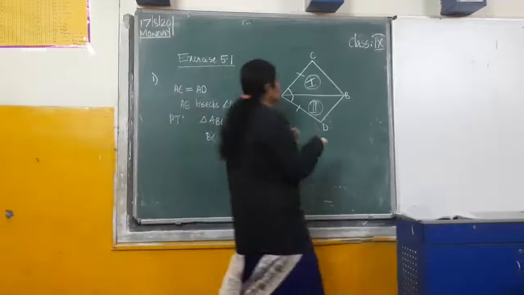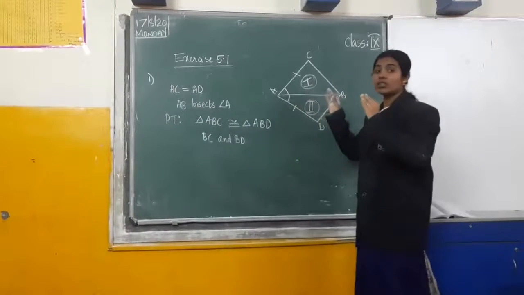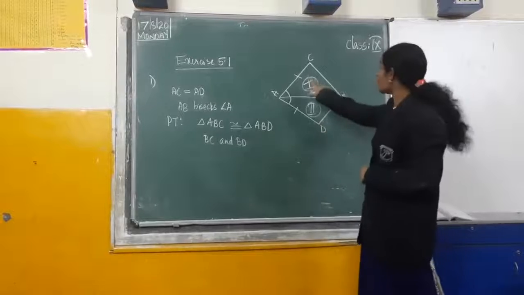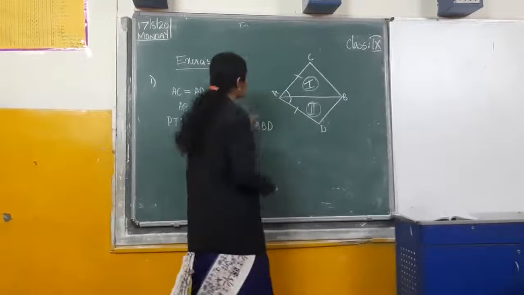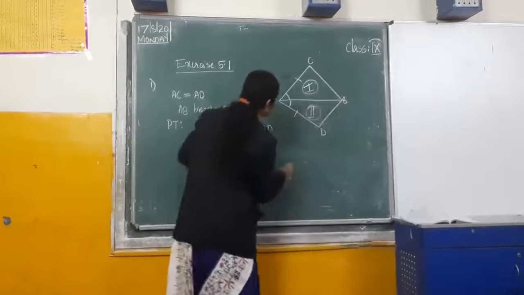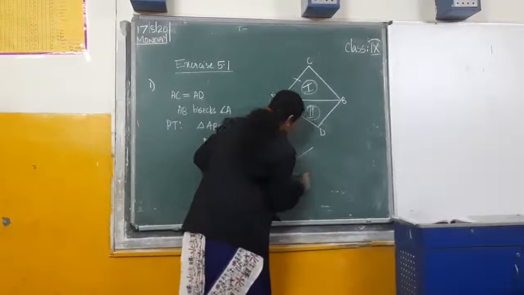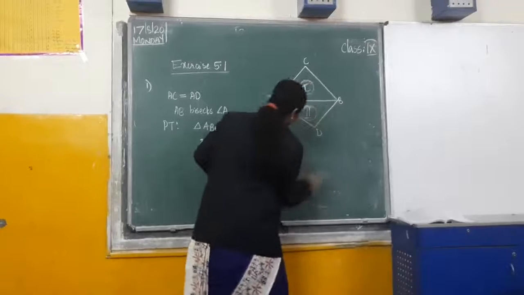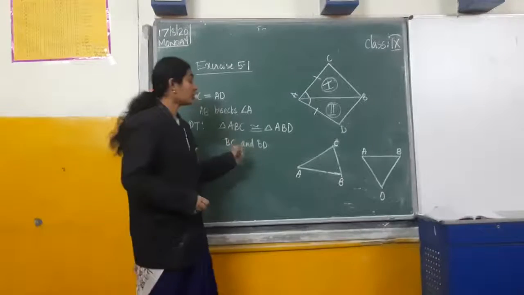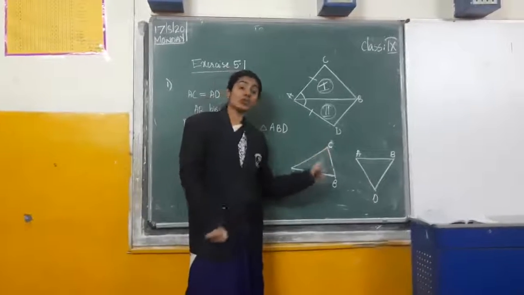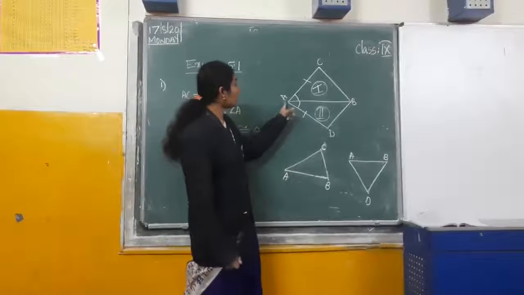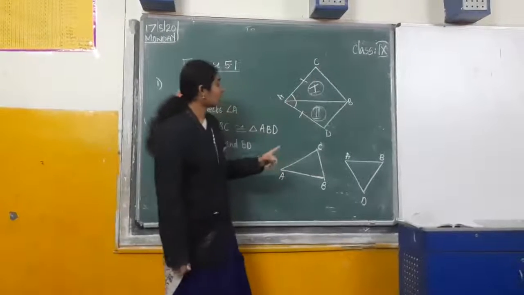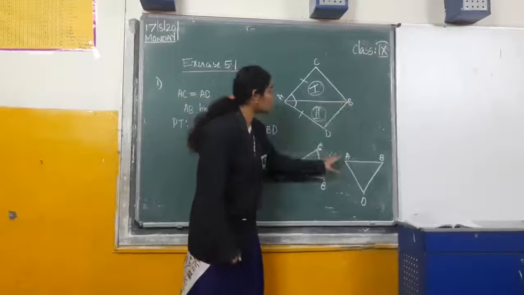So which triangles are you considering? Draw the two triangles separately. What is the first triangle name? That is triangle ABC. Draw the triangle. Rough figure for these two triangles. First triangle ABC and second triangle ABD.